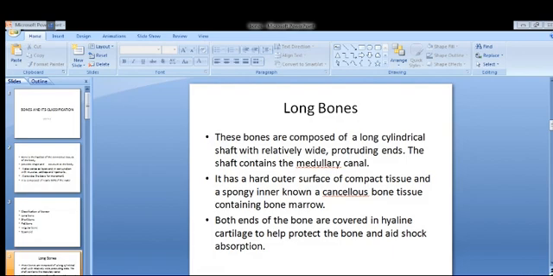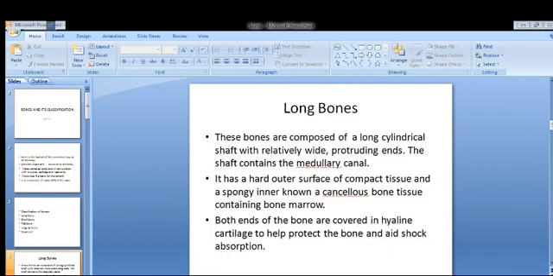These ends have a peculiar shape according to the type of the joint it is forming. So the middle part is the shaft, which is long and cylindrical in shape.